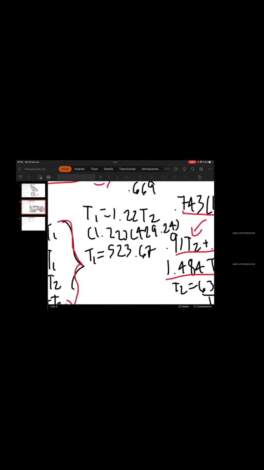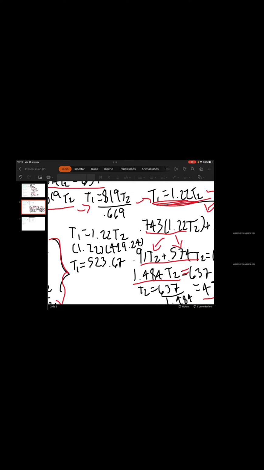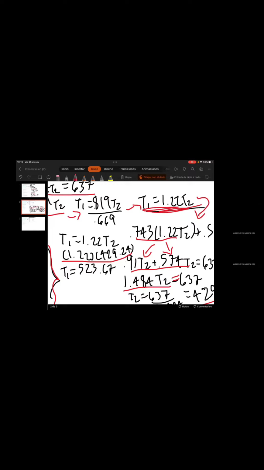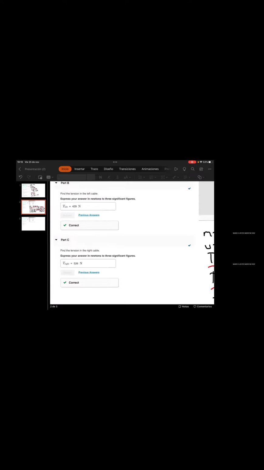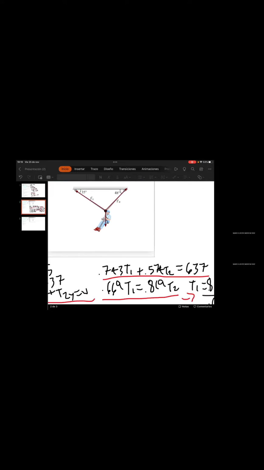So we're going to simply do this multiplication of 1.22 times T2, that is 429, and we will have as a result 523.67, and this is the result of the tension of the right cable. And this was problems 9 and 10 to conclude Master in Physics of Stage 4.